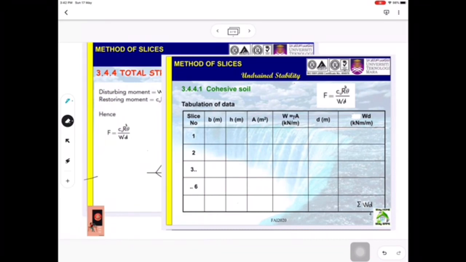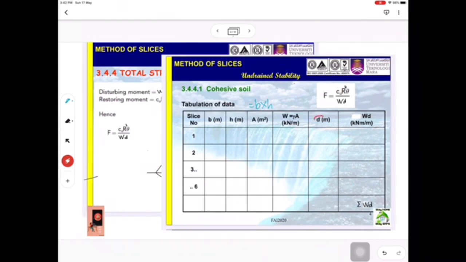Then area. So area you can simply B times H, so you will get area. So then next is W. So W, as I told you last week, is equal to gamma A. So gamma depends on the type of soil given and the unit weight given.